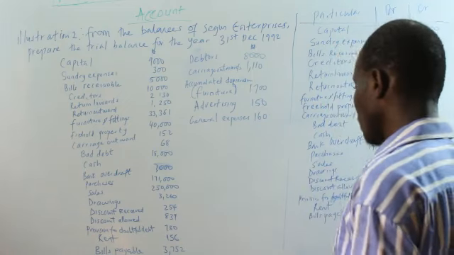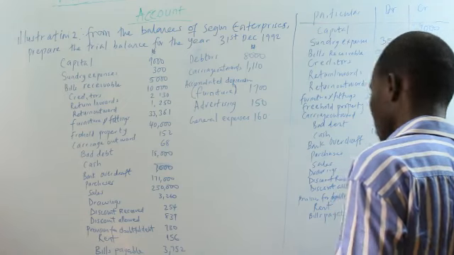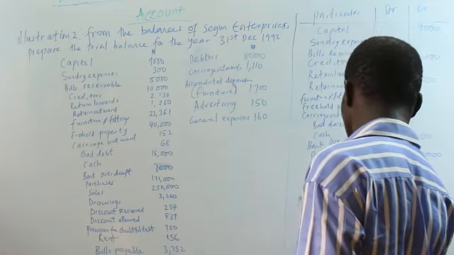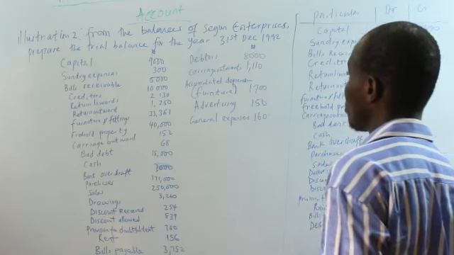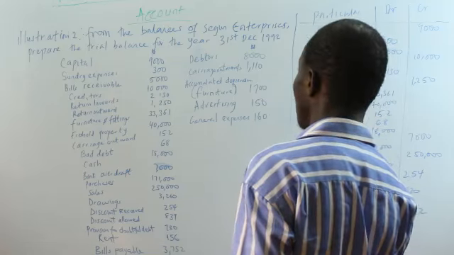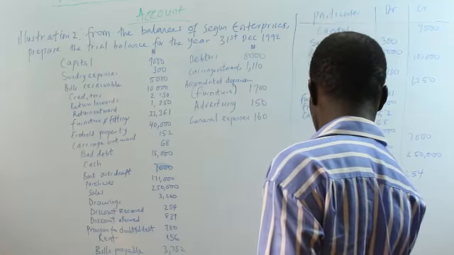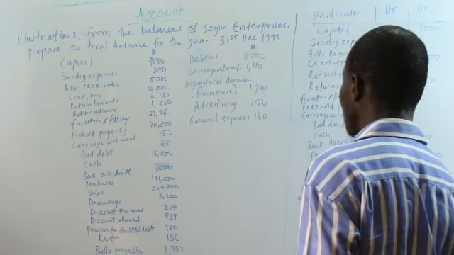Then that will be on the what? Credit side. Current liability. So we have debtors. That explains itself. That will be on the debit side. We have carriage outward again, that will be on the debit side, an expense.